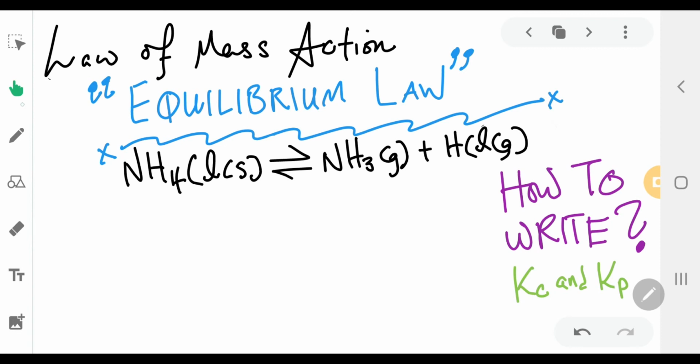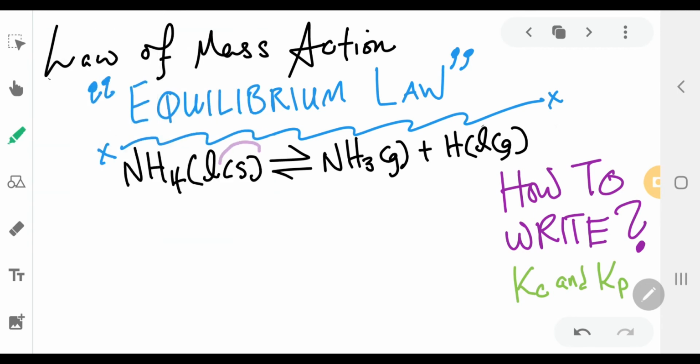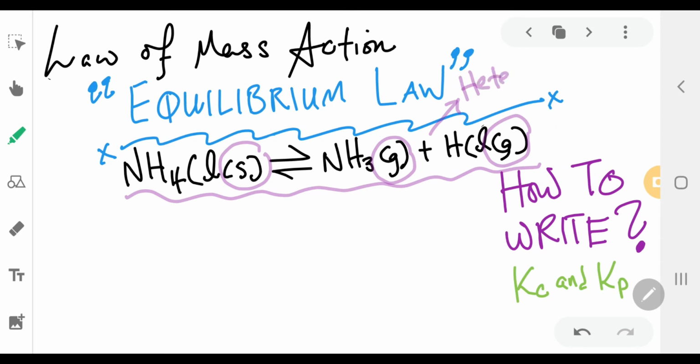So now let's have a look at this example. Okay, so we have solid phase over there, gas, and this one is gas. They are not the same. You have solid and gas, therefore this is what we call heterogeneous.